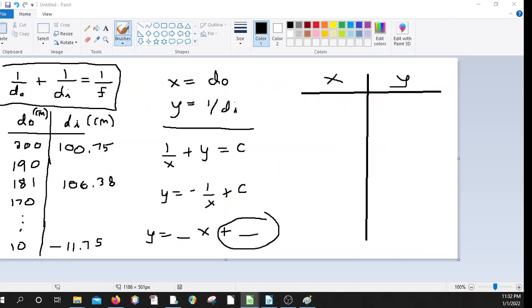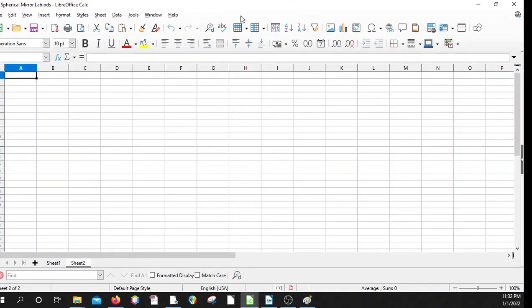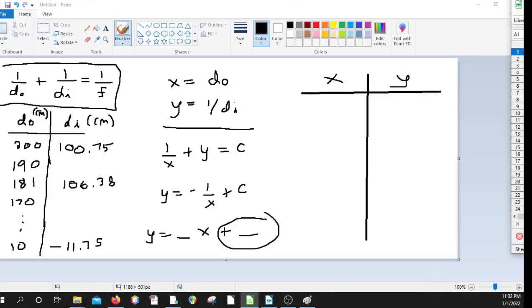Here, let me put in a few values. Let's just say we have 4 data points. So I've got 200, 190, 181, and 170. I know you can't see it right now, but I'm going to type all the values in first.